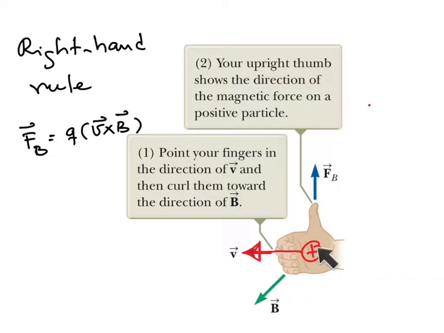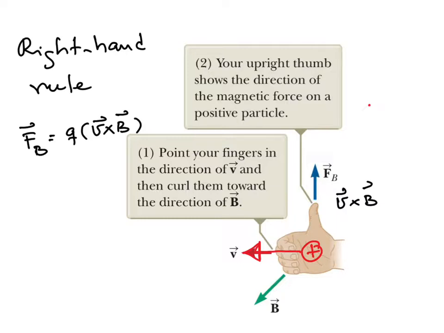So in this figure, if we have a positive charge moving with this velocity vector in the region with the magnetic field pointing in this direction, from the right hand rule, the magnetic force will point in this direction, which is the same direction as v cross B, because here the charge is a positive charge.